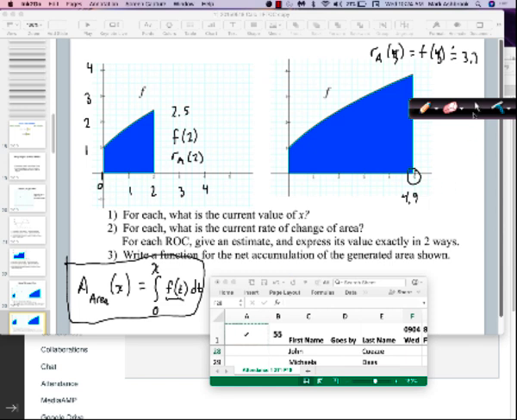Okay, so let's, question, sorry. Thank you, questions? Could I have said 0 to 2? No, because if you want 0 to 2, that's a particular area. To get that particular area, you need x to vary from 0 to 2.